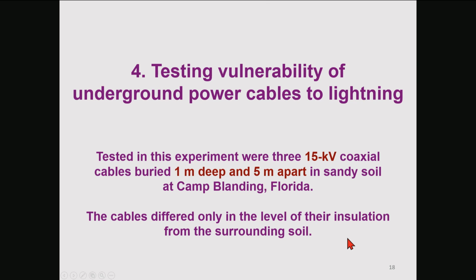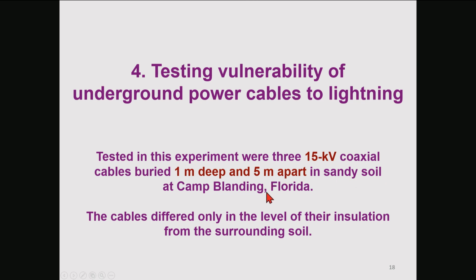And I move to three examples of using triggered lightning or triggered lightning data for various purposes. We'll start with testing vulnerability of underground power cables to lightning. Tested in this experiment were three 15 kilovolt single-phase coaxial cables buried 1 meter deep and 5 meters apart in sandy soil at Camp Landing, Florida.